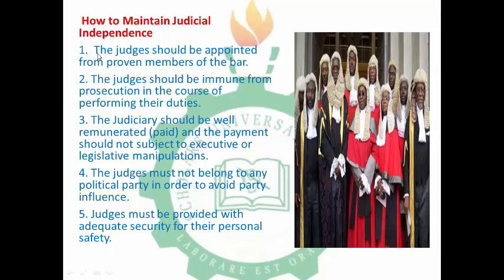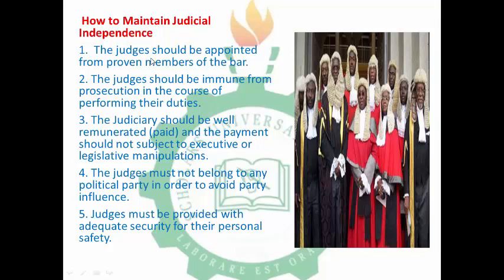So number one here is that the judges should be appointed from proven members of the bar. When we say the judges should be appointed from the proven members of the bar, we are talking about judges that have integrity, that maintain good names, whose image has not been tarnished by the public, that have not received any form of bribery or been involved in any form of corruption in the course of carrying out their functions in the society.